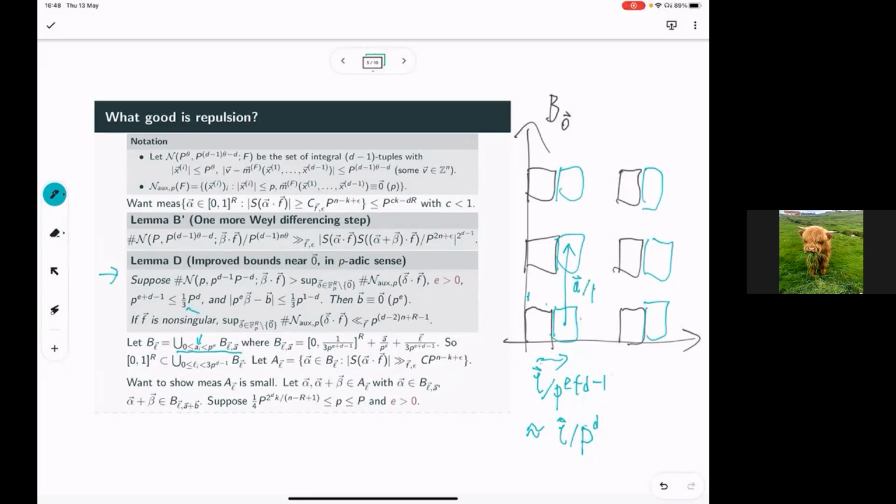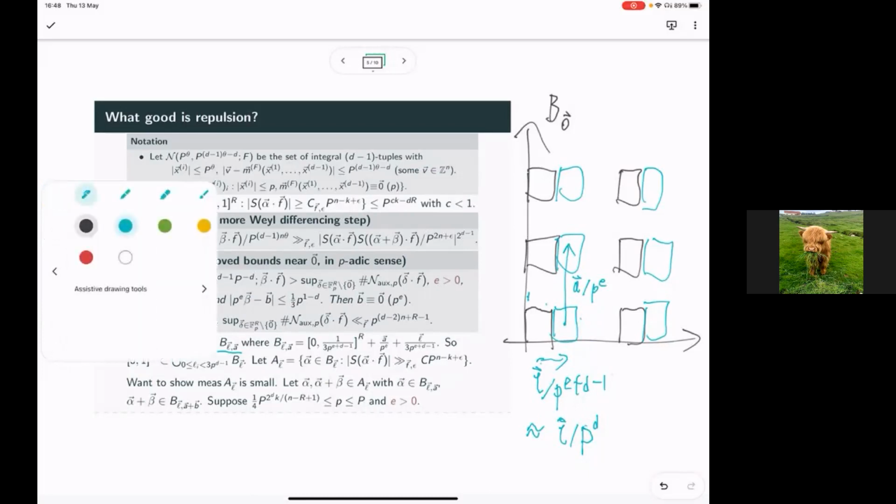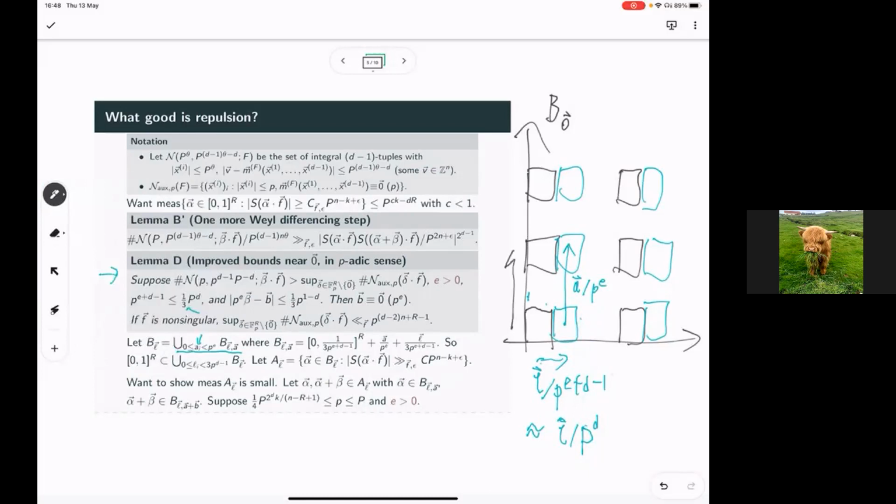So that's also normalized. It's normalized by P to the E, because the displacement between different boxes in the basic neighborhood has to be 1 over P to the E.